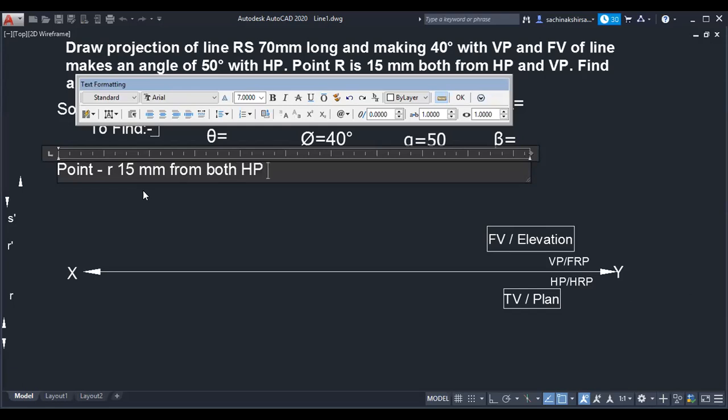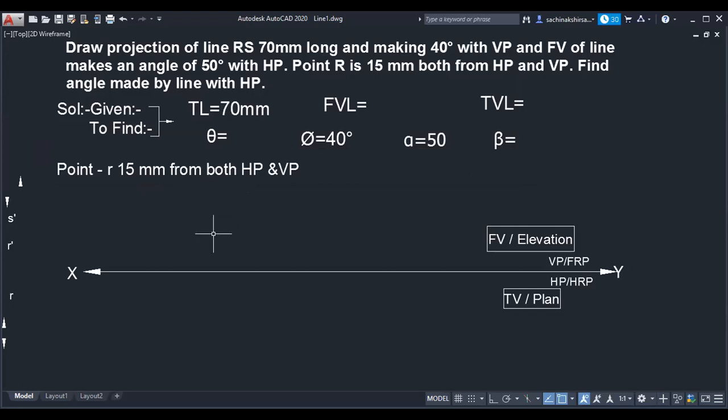If it were mentioned in words, how would it be? 15 mm above HP and 15 mm in front of VP. If not, it is directly mentioned: point R is 15 mm from both HP and VP. Like this it is mentioned.